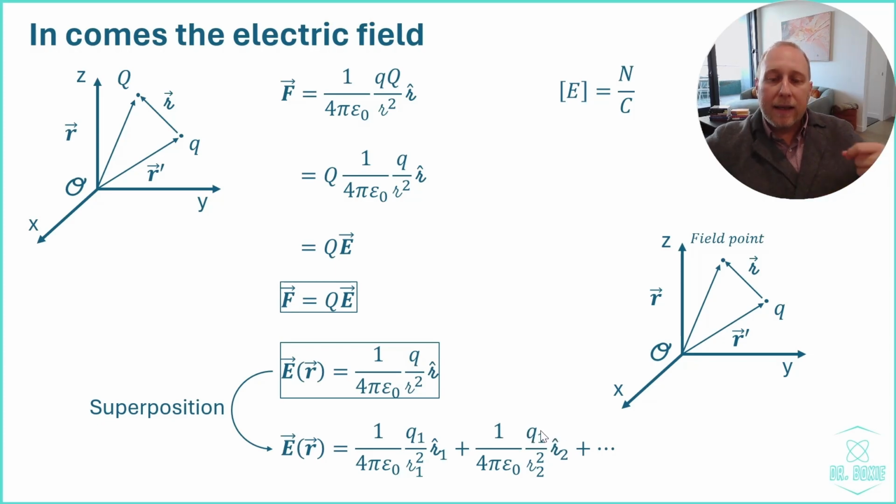And finally, if we then were to put a test charge into that field, the test charge will feel that field and undergo a force as a consequence of it. So in this way of writing Coulomb's law, we separate what the source does from the test charge. The source creates a field, the test charge feels that field.